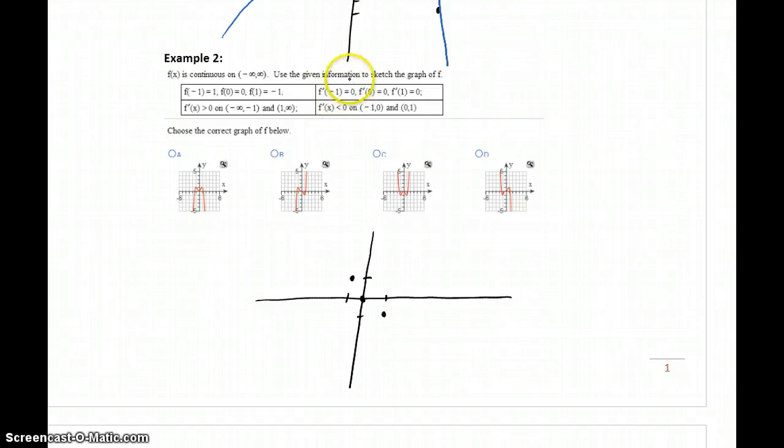We know that at -1, the derivative is equal to 0. So our graph should level out for a second. That tangent line should be horizontal. The same thing happens at 0 and at 1.